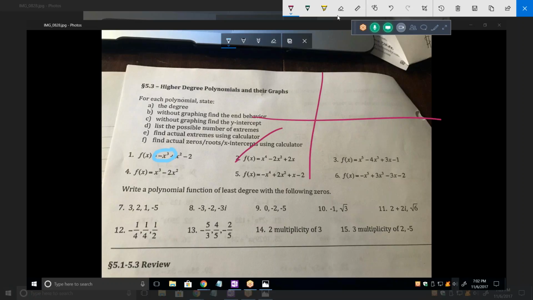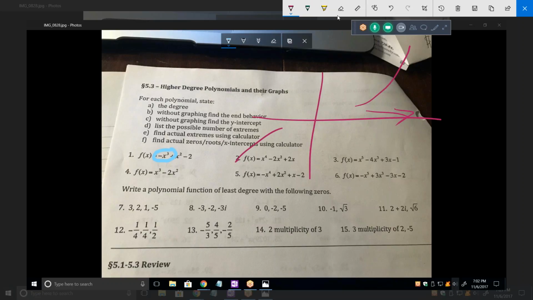Up from the left, I guess that is kind of specific. And what's it do on the right? It increases, so as x goes to positive infinity, f of x goes to positive infinity also.